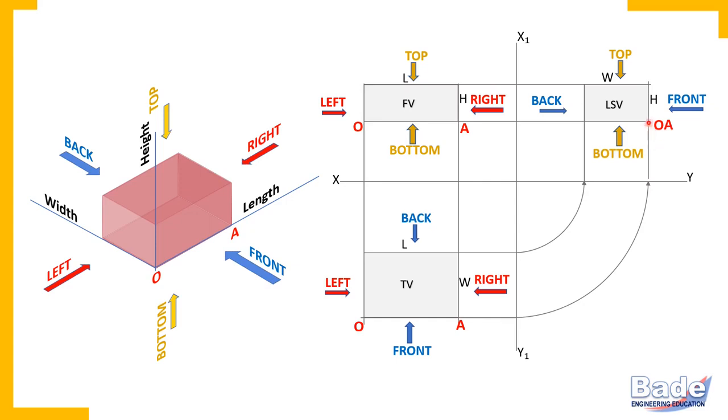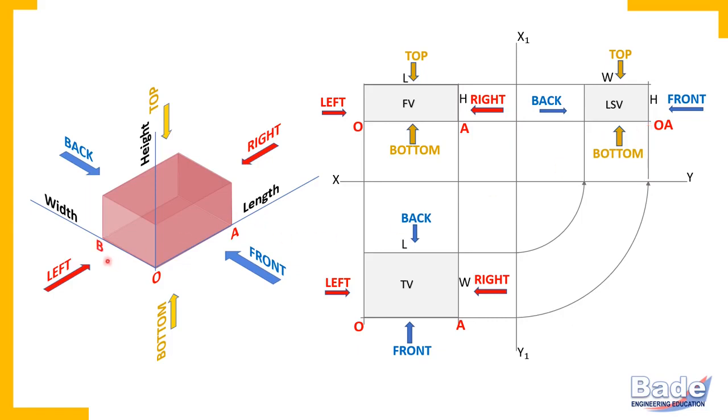So the same point, this corner is point A. It means in the side view, point O and point A overlap. So point O and point A overlap in the side view. So this corner is not just a point. This corner is edge OA, which appears point in the side view.